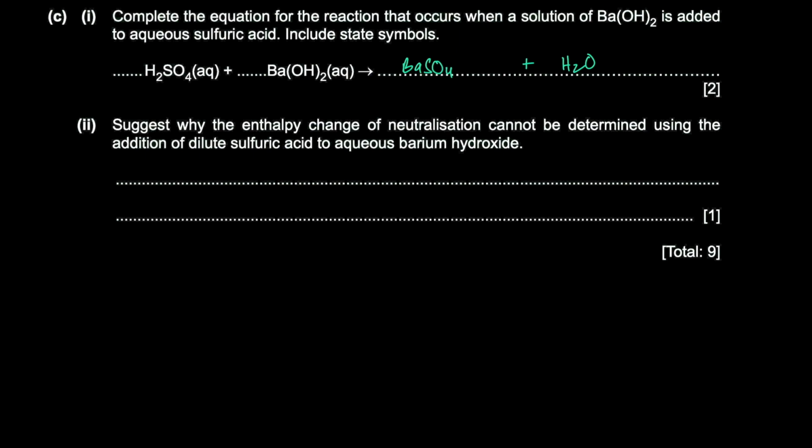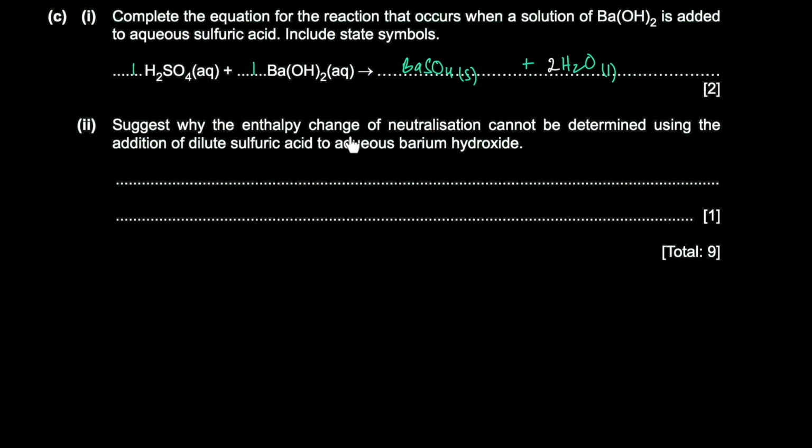We're going to have 2H2O, and then 1 of sulfuric acid and 1 of barium hydroxide. We have 2H+ and 2OH-, so we get 2H2O, and then Ba2+ and SO4 2- give us barium sulfate. We know that barium sulfate is insoluble, so that will be a solid, and H2O will be a liquid.